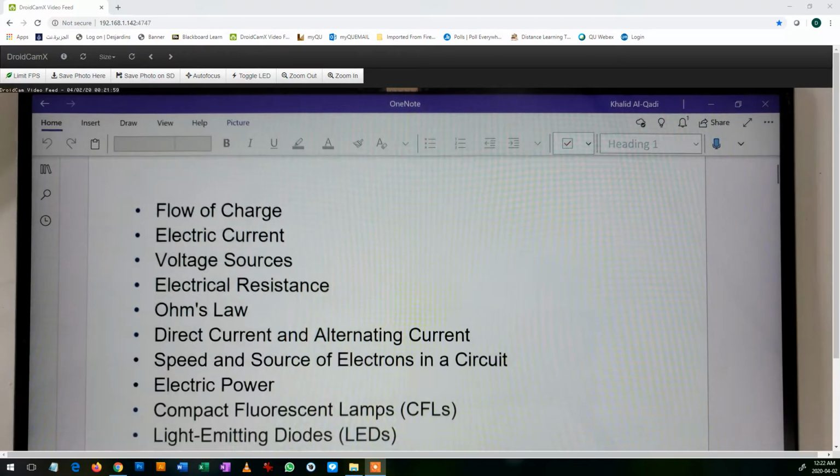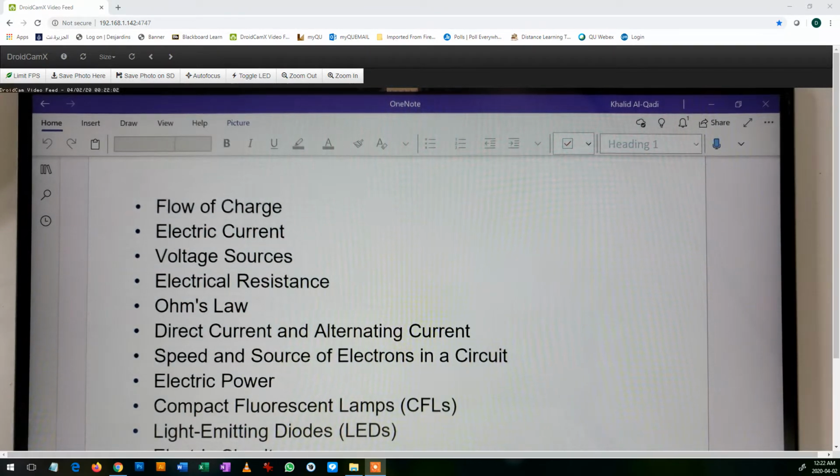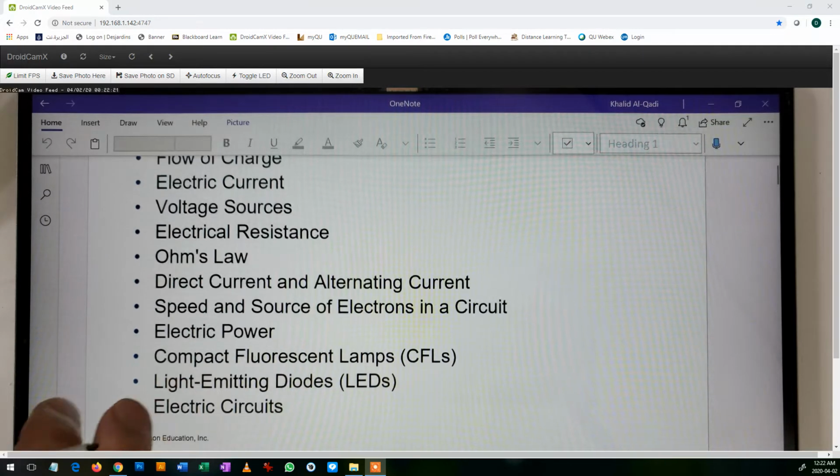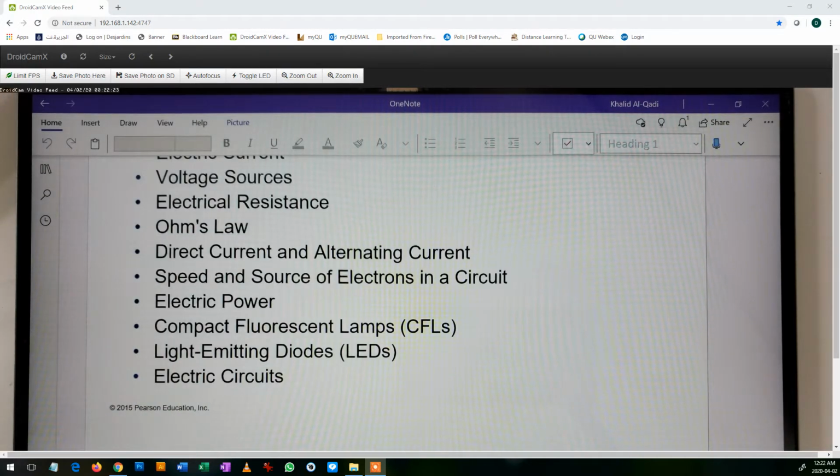We will cover, inshallah, flow of charge, electric current, voltage source, electrical resistance, Ohm's law, direct current and alternating current, speed and source of electrons in a circuit, electric power, compact fluorescent lamps, light emitting diodes, and electric circuit.